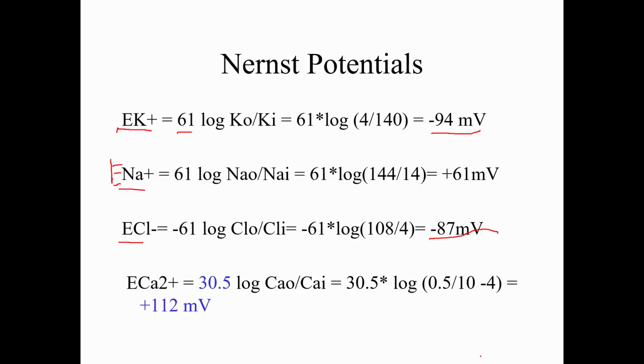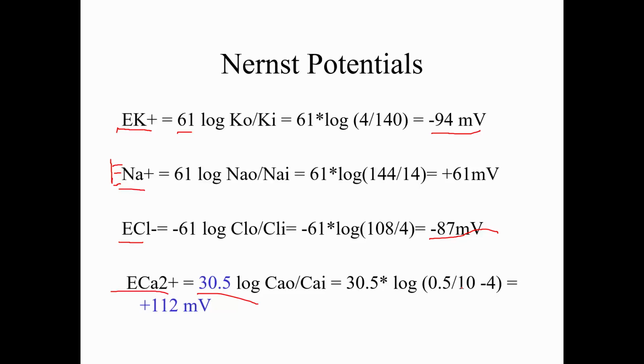Now we calculate it for calcium. Calcium is so interesting. First of all, the constant is 30. Why is that? Because you have to divide it by 2. The valence of calcium is 2. And look at this huge concentration difference. 0.5 over 10 to the -4. There's like a 10,000 fold difference.